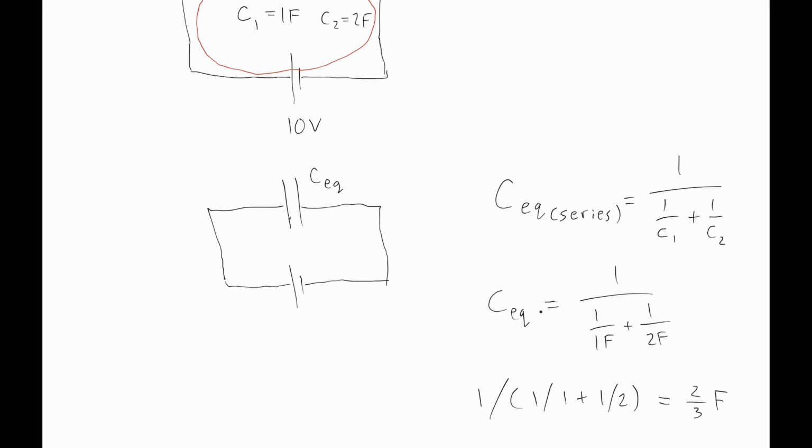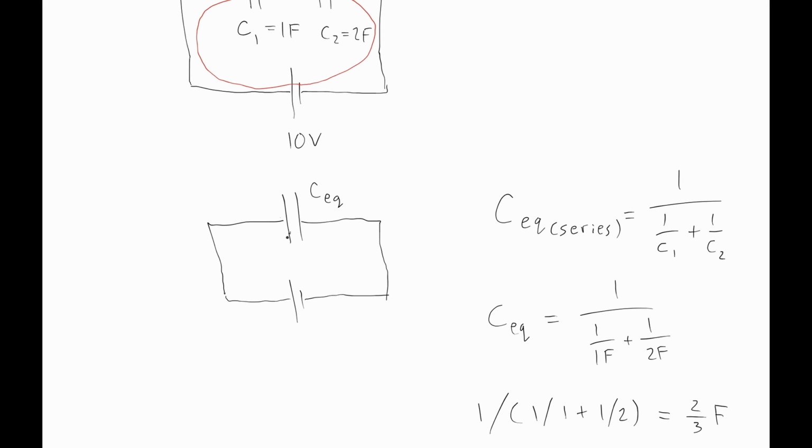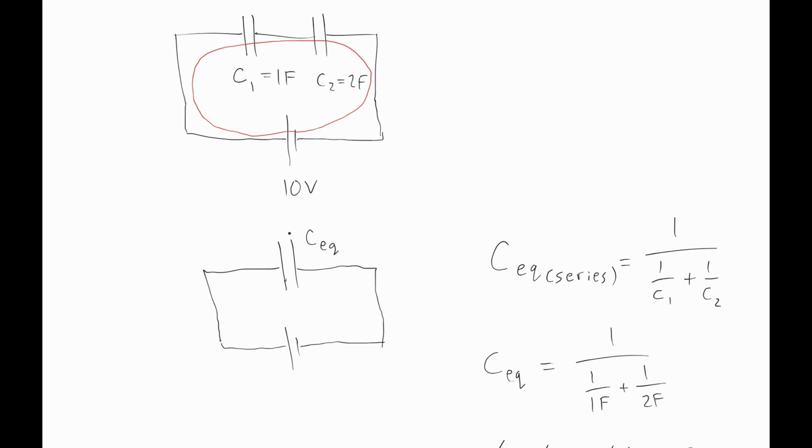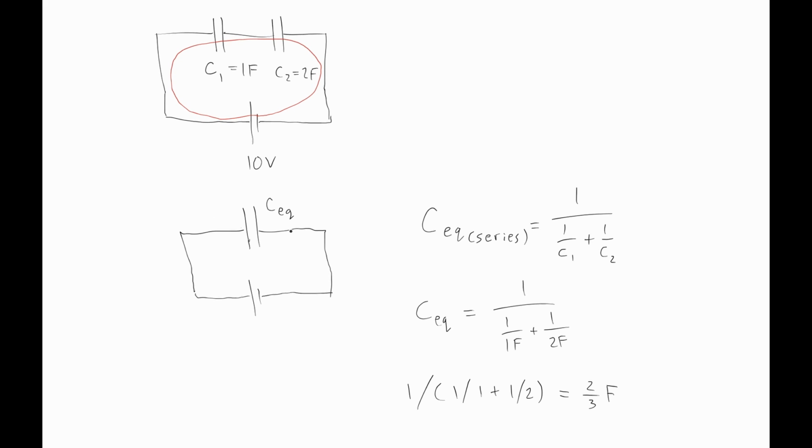Two-thirds of a farad. So the capacitance of the equivalent capacitor is always less than the two original ones if we're talking about series. And that's because of the gap, you know. If you put the two gaps together, it's twice as much of a gap.